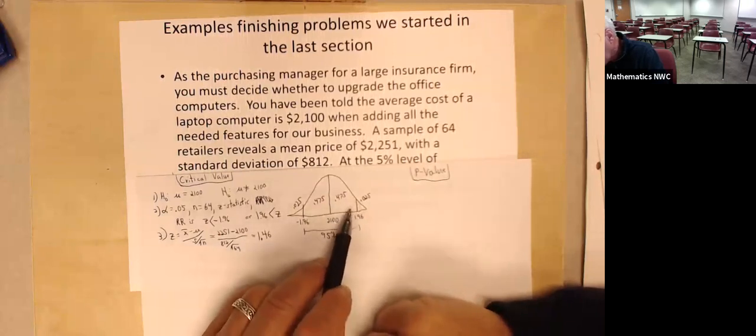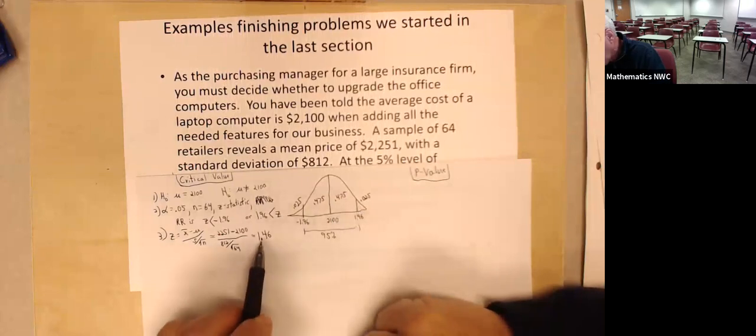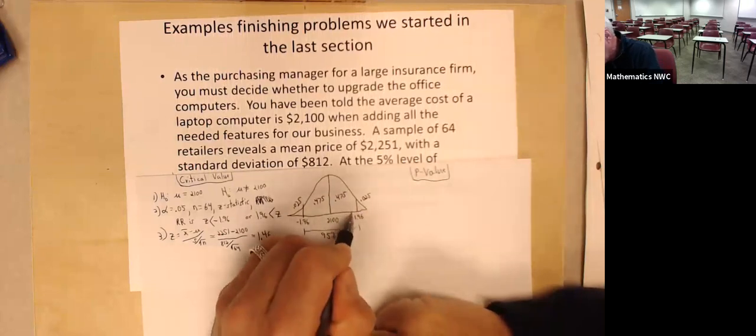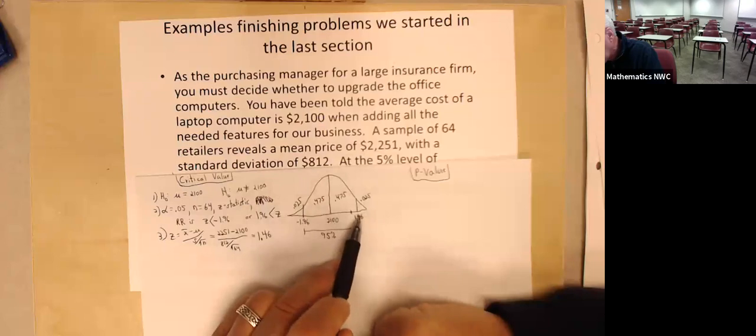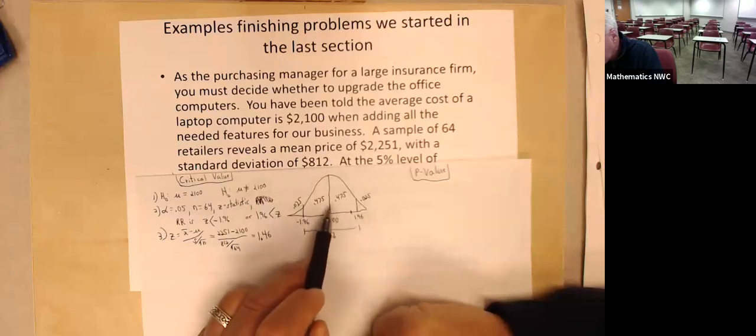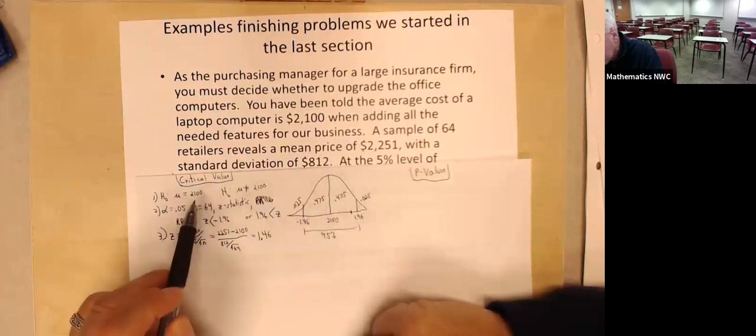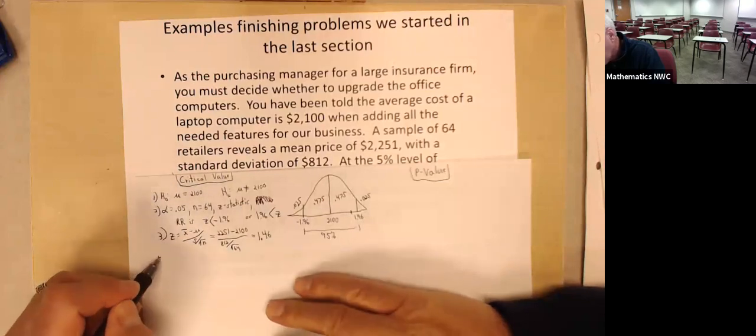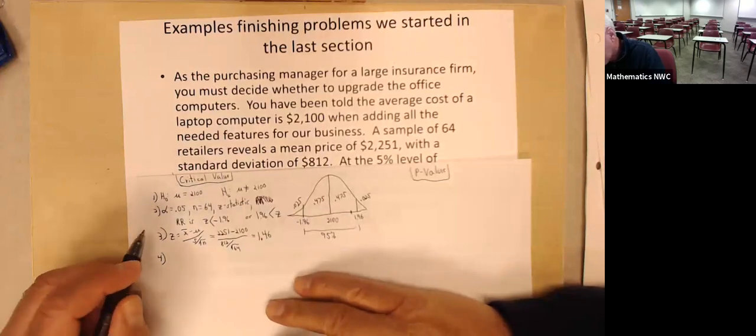The question now, did it go over the line or not? Well, 1.46 is about right here. It did not go over the line. That means it's within what we call reasonable variance of 2100. Even though it didn't exactly equal 2100, it's close enough that we have no evidence to doubt that 2100 is correct. So because of that, here's my concluding statement.